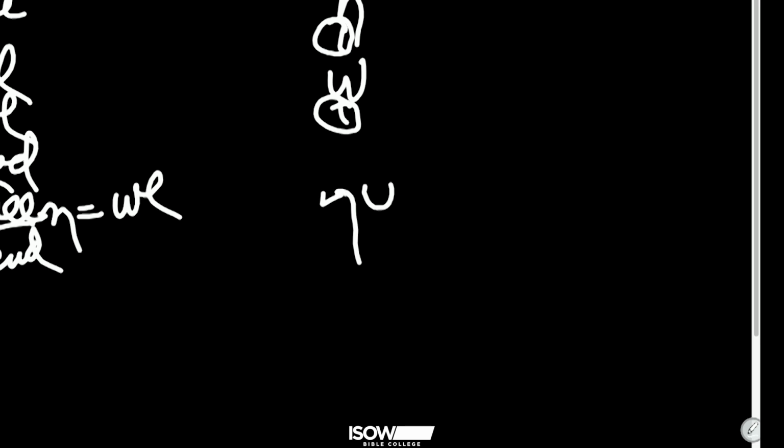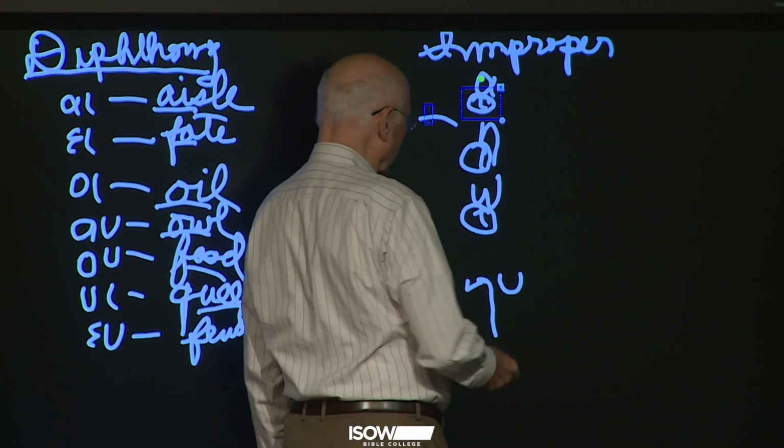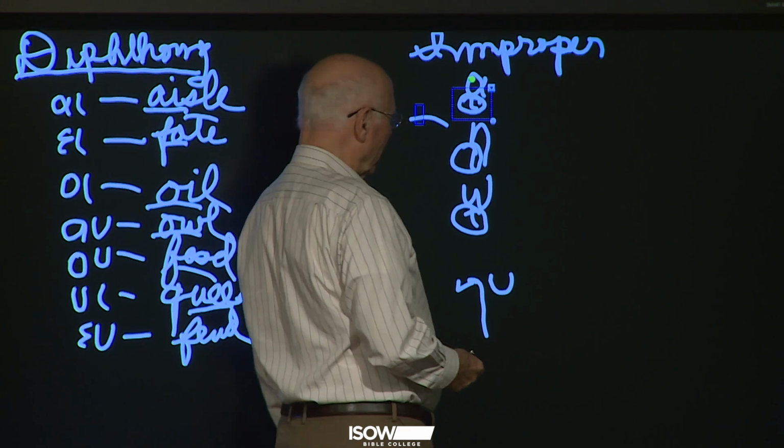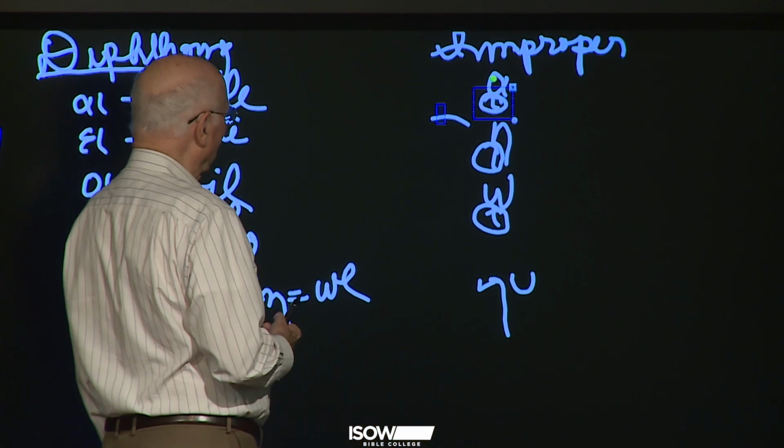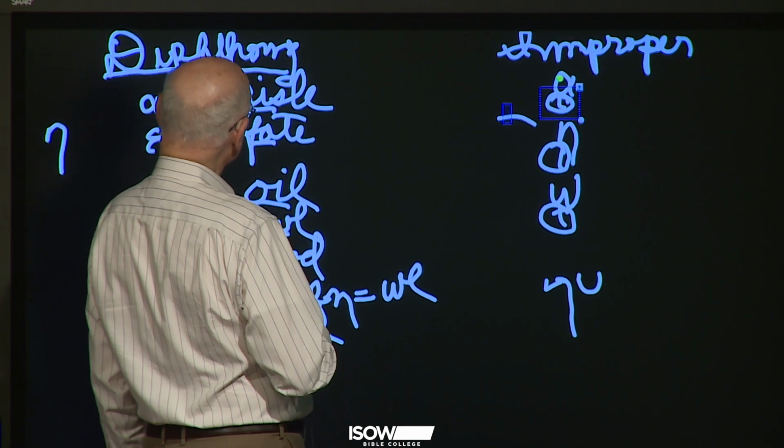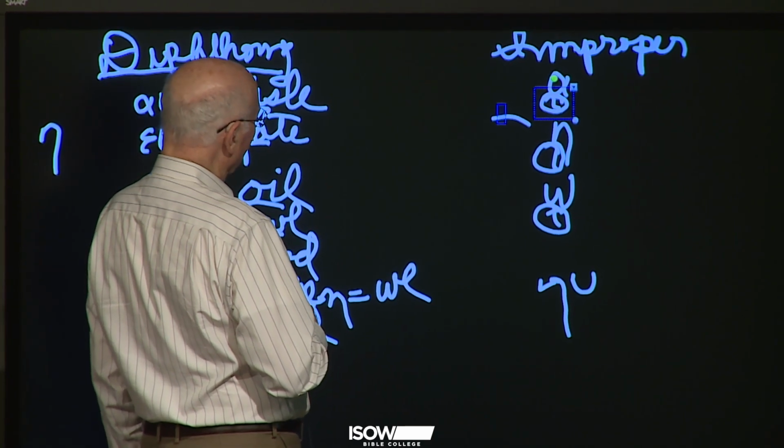What you do in pronouncing this is you run those two letters together. Eu is the way you pronounce that. So those are the diphthongs.